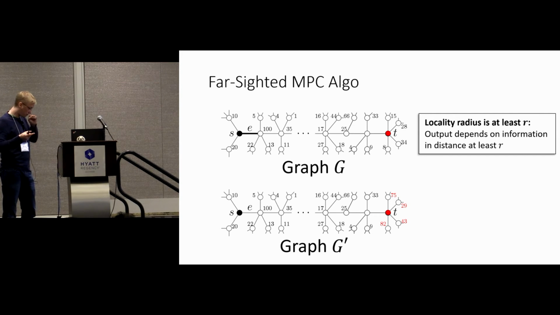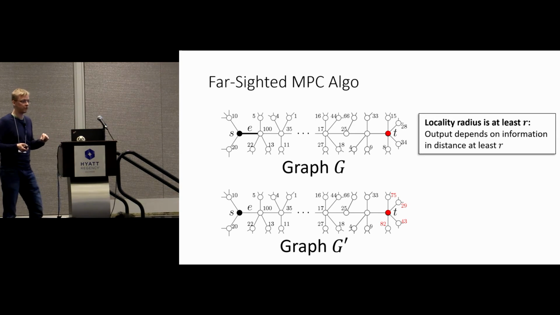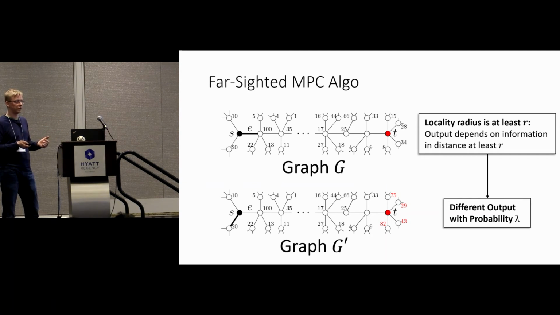And to solve this problem, this edge E kind of has to see that some change happened. And now to make it a bit more explicit, imagine that the upper part is the real input to the problem. Now the node T can create a virtual graph and run the same algorithm in this virtual graph, and he knows that it should be the case that the output changes.